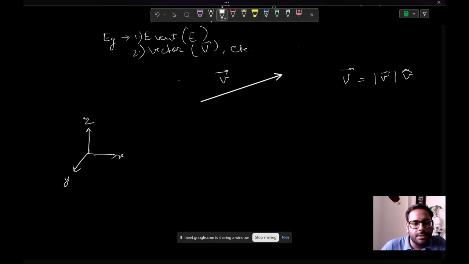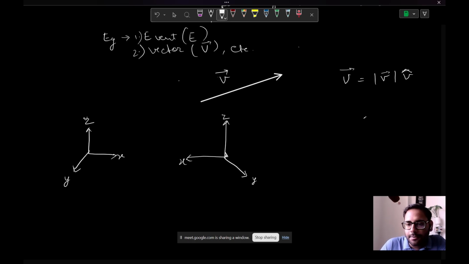Similarly, I can draw it like this, where my y is pointing out of the screen, and this is x.